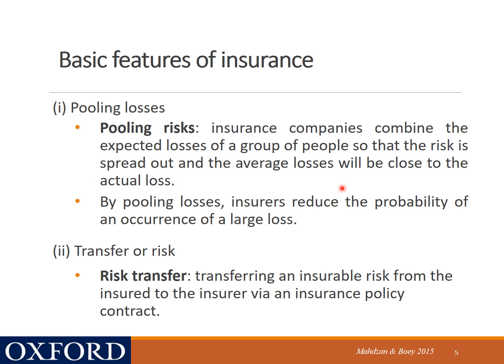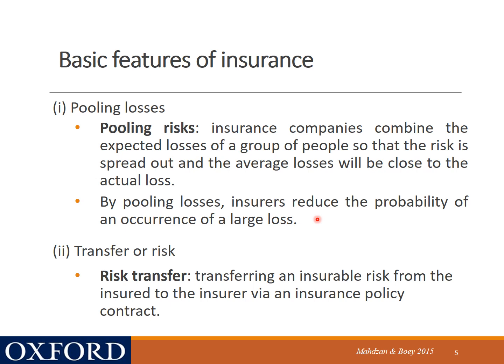So pooling risk is a concept of insurance. The insurance company will pool risk from many people, as the policyholders or the insured, so that the risk is more spread out and more predictable, right?